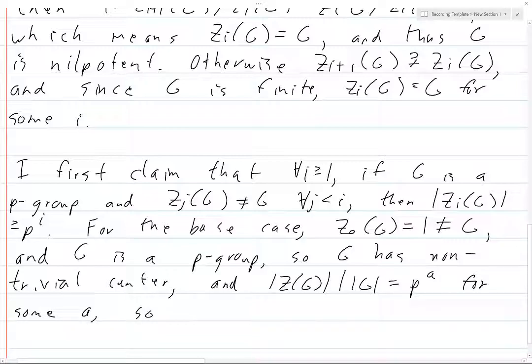So this means that Z_1 G, which is just equal to the center of G by definition, must have order at least p, because that's the only way for it to divide p to the a. Okay, so that's the base case.